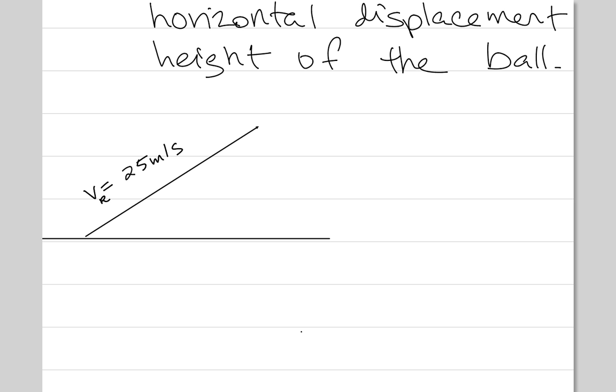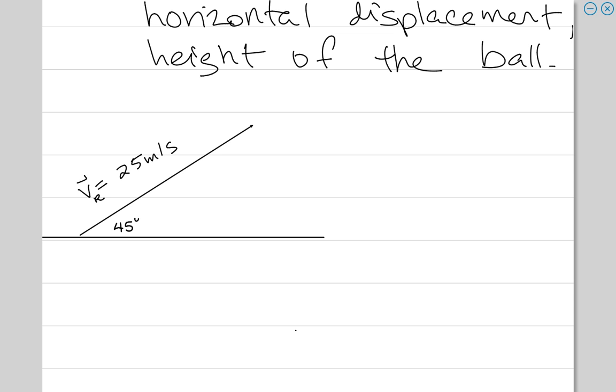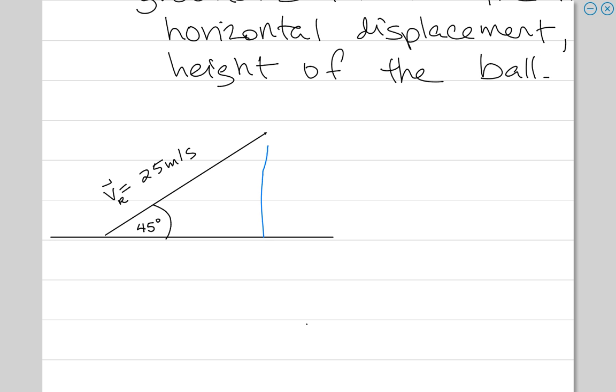Again, this is the VR, the resultant velocity. And it's at 45 degrees to the horizontal. And we can resolve those into our two components. Okay, so using sine theta and cos theta, we can get y and x respectively.